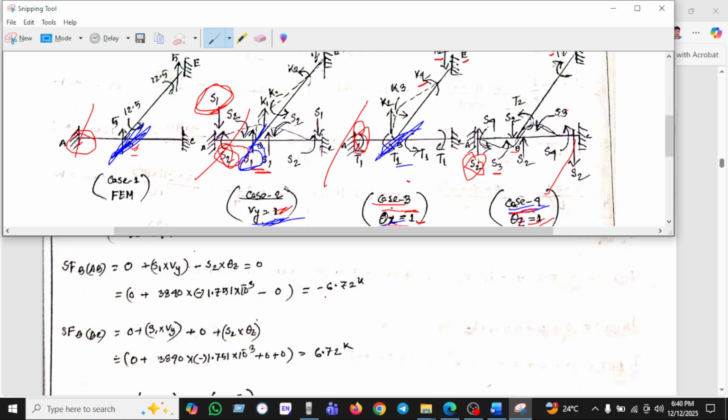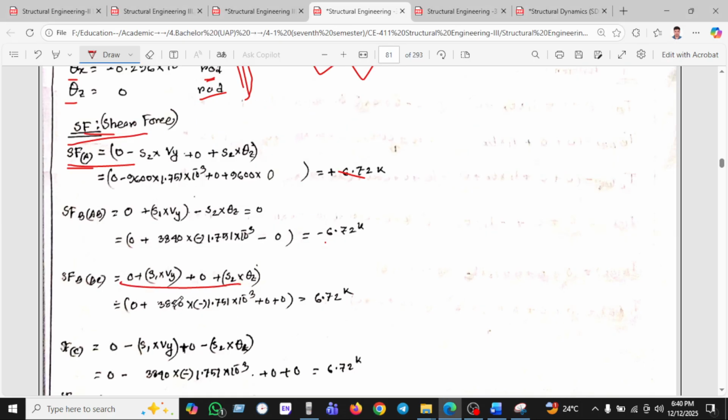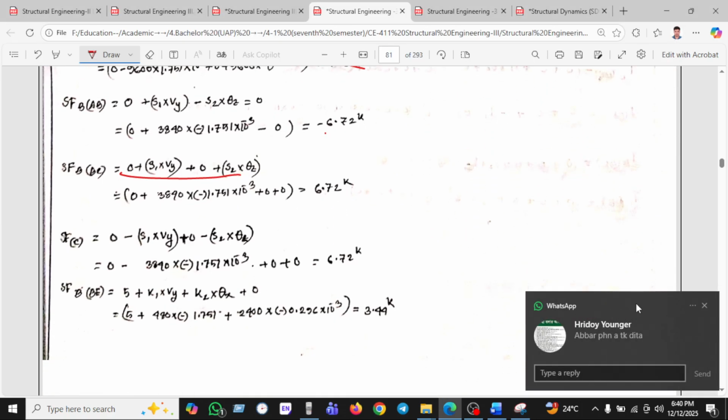Another we're taking here, there is no shear, that's why it will be 0. And the last one we have been seeing here, the S2. This is the S2 and theta z. That's why we have been finding this shear force. In the same way we have been finding shear force at the BC member, putting all this data and finding here.